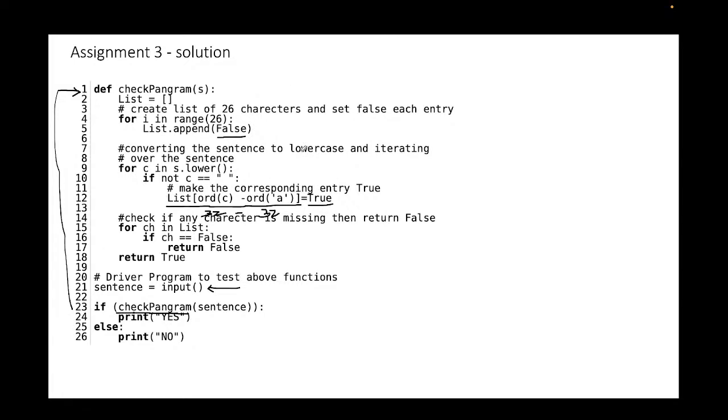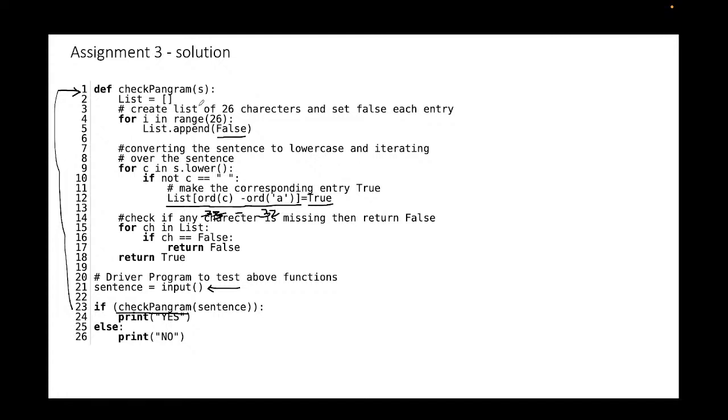I hope this is clear. Similarly, if we encounter B, it will be 33 minus 32, which is 1. So the second element in the list will be flipped from false to true. We can say that we have encountered B also.